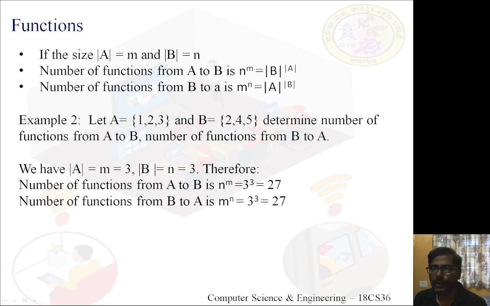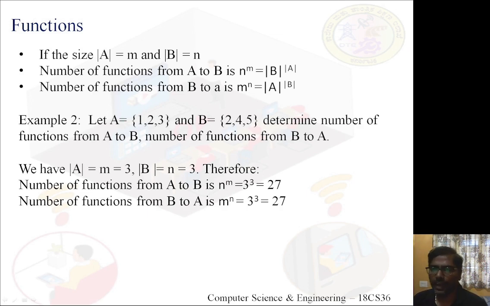Suppose A and B are two given sets with the size of A to be m and the size of B to be n. Okay, so the number of functions that are possible from A to B is found to be n power m, and the number of functions from B to A is m power n.